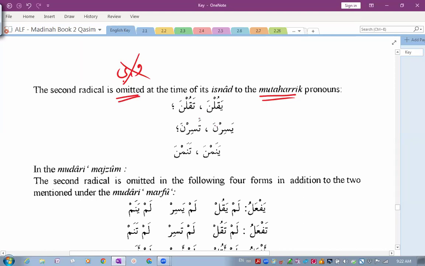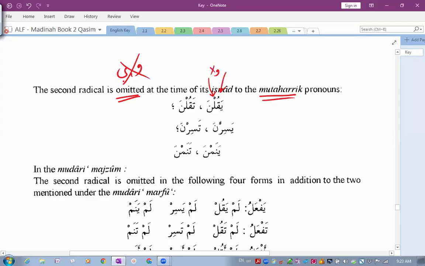So yakulna and takulna, yasirna and tasirna, yanamna and tanamna. You see that the middle radical has been dropped. You have a qaf and a lam. What happened to the middle radical, which was a waw in qala yakulu? It got dropped.